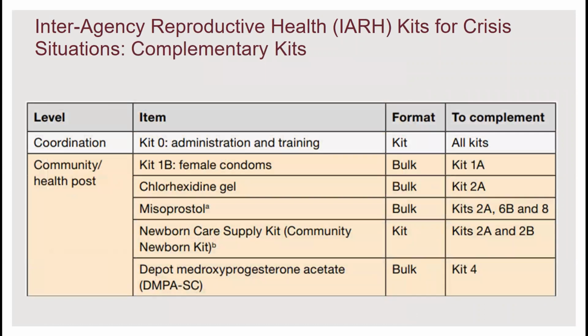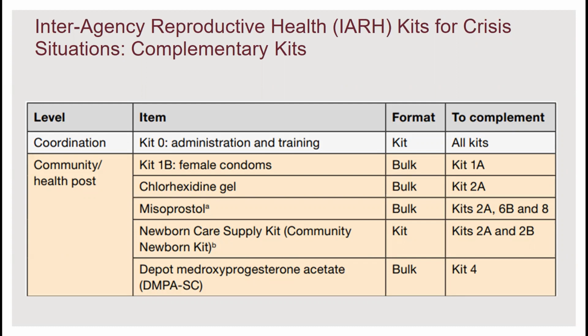We also want to mention that kits can be divided into core kits and complementary kits. The core kit, such as the list of 12 that we saw a moment ago, provides products for basic services, while the complementary kit provides products for additional services. But the complementary kits are not designed as a standalone kit.